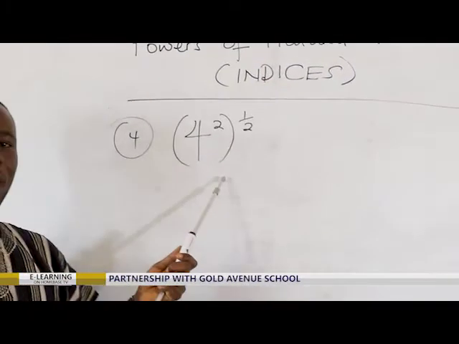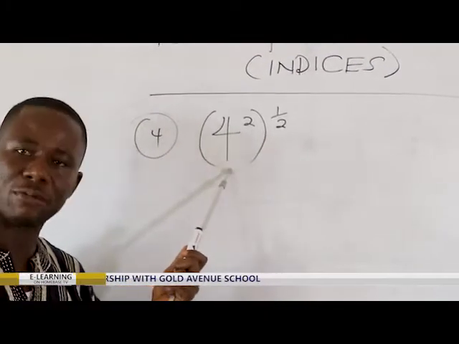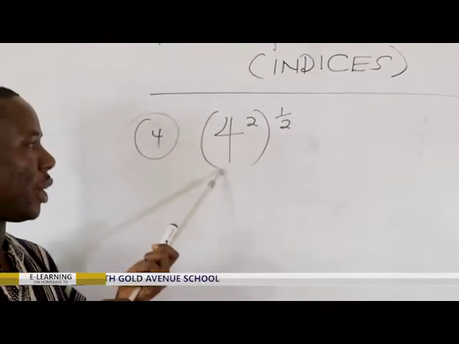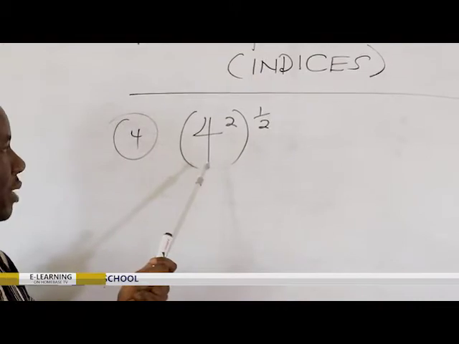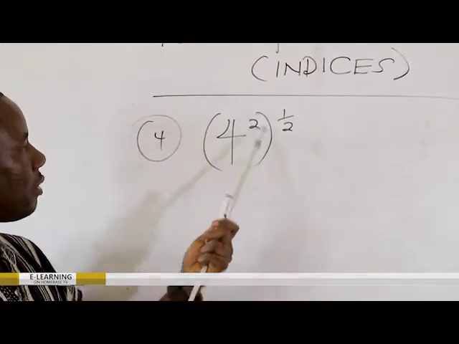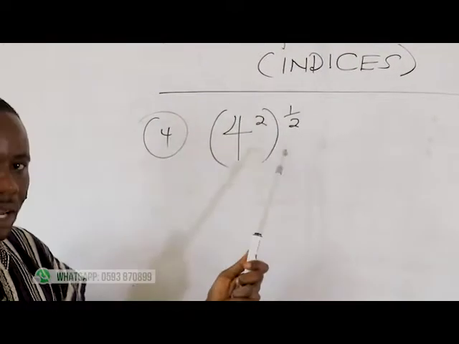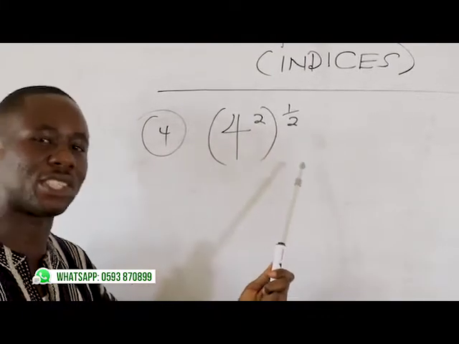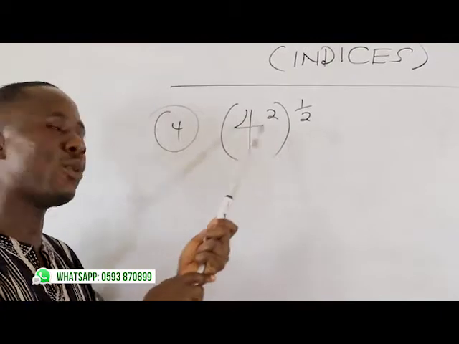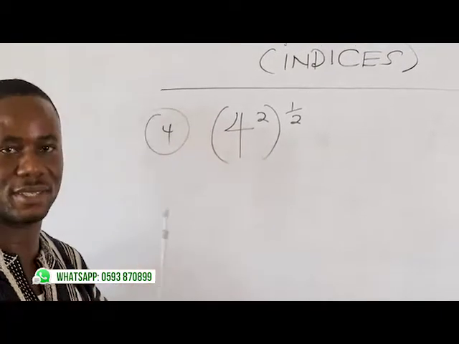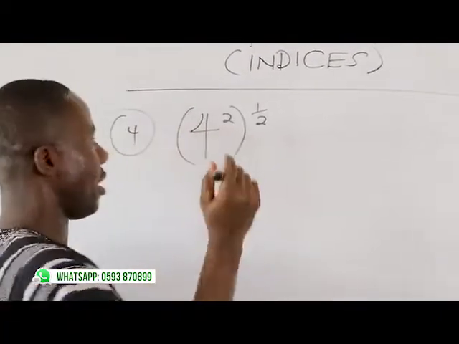You are being asked to evaluate or simplify this. So we have an exponential expression there, and then outside the bracket another exponent, but it is a fraction. Don't be confused. It's the same: exponent multiplied by exponent. So simply put, I keep the base.